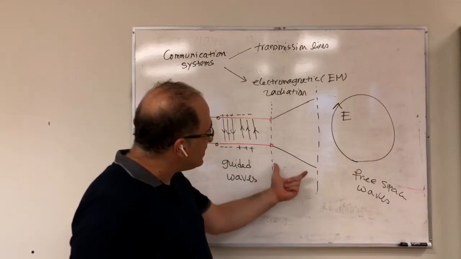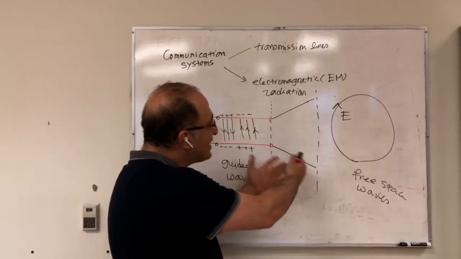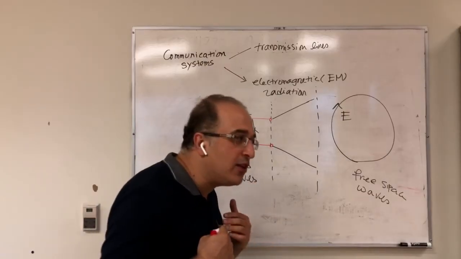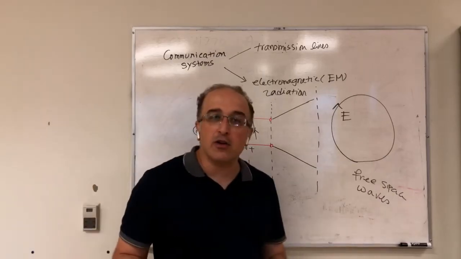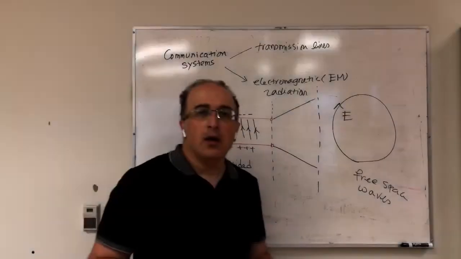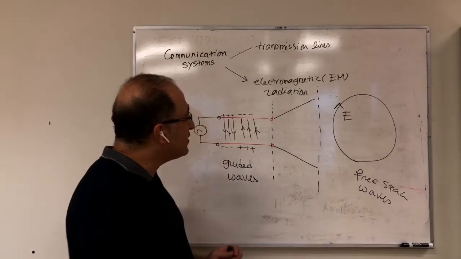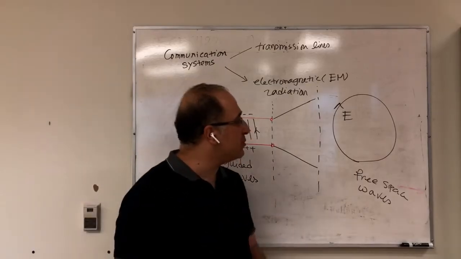This is essentially the main thing of the antenna: it relies on accelerated charges to create this radiation, but when it launches this radiation into free space, these charges are not required anymore to maintain it. It's going to go. So in summary, an antenna is a transition device between guided waves and these free space waves.